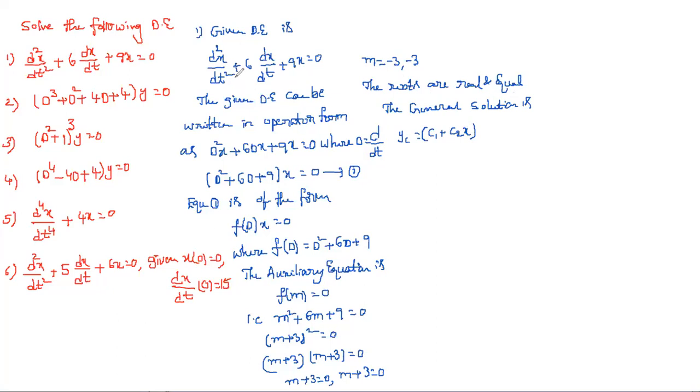There we had dy by dx, but here in place of x we have t. So it is c1 plus c2 into t, e power minus 3t, where c1 and c2 are arbitrary constants. That's it.